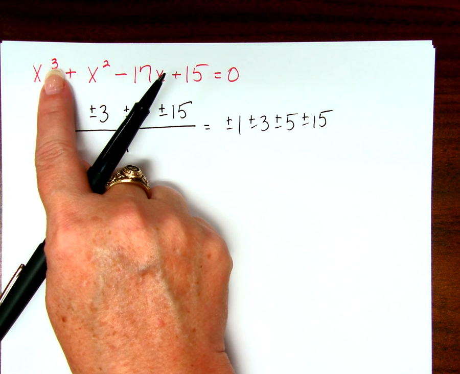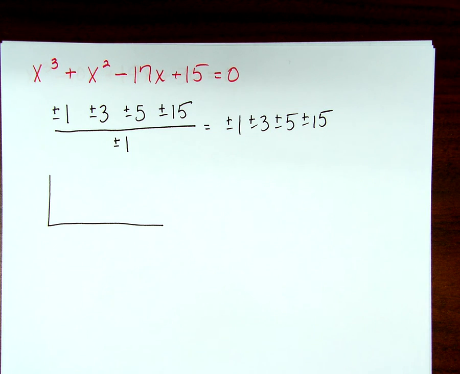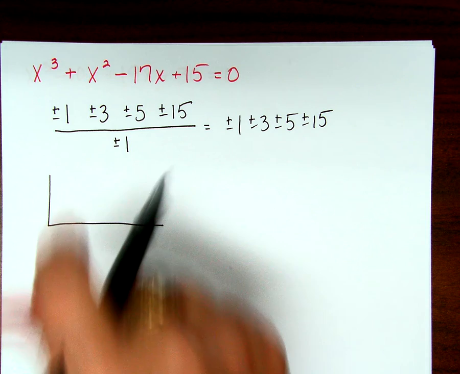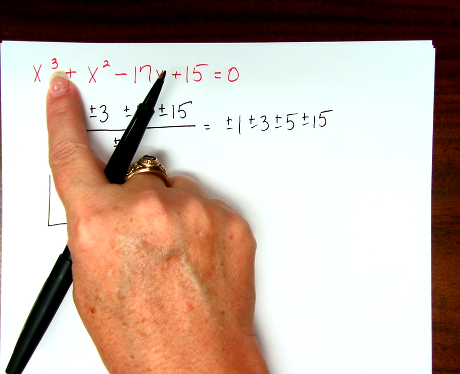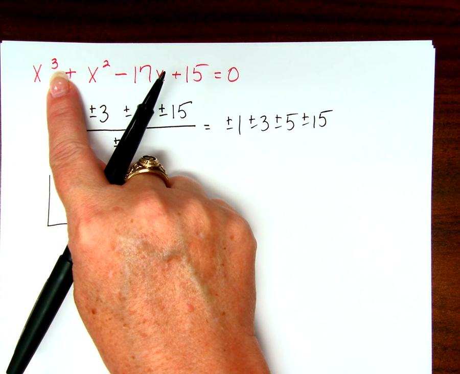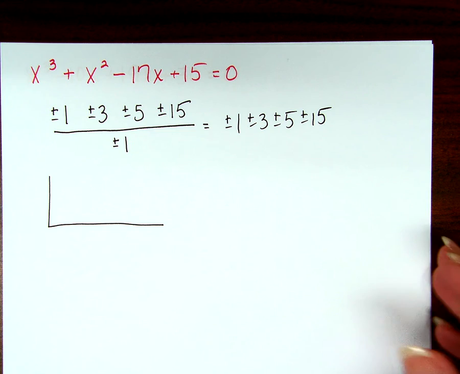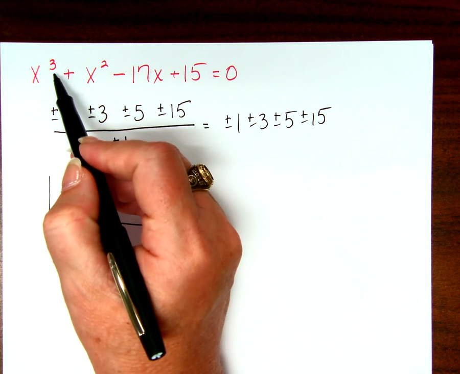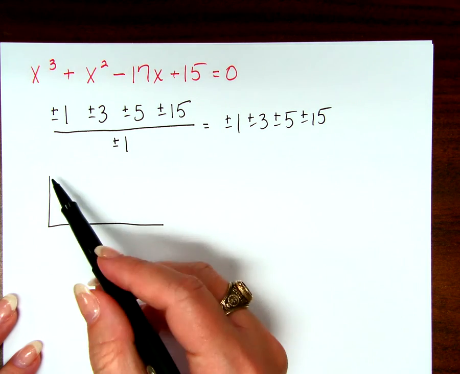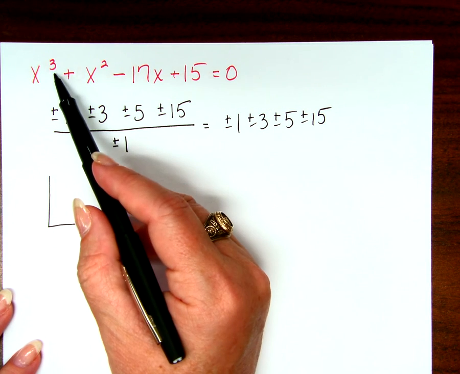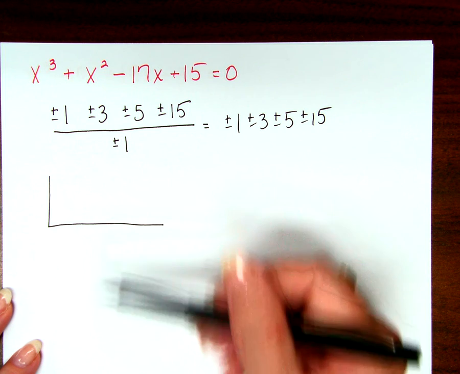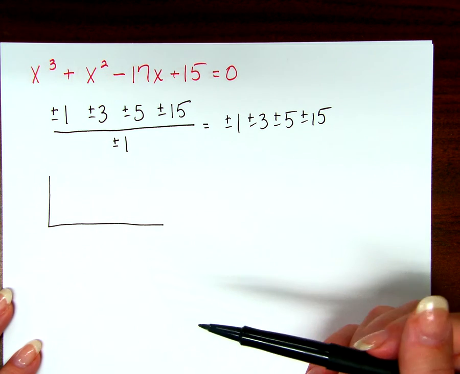Okay? My highest exponent tells me there's a thing called the fundamental theorem of algebra that says whatever your highest exponent is, that's how many solutions you should get. If it's called the fundamental theorem of algebra, I think that's probably pretty important, right? Okay? So that tells you how many times you need to do synthetic division to find a solution. Well, it may not be 3 times. I need to get 3 zeros as my remainder, right?